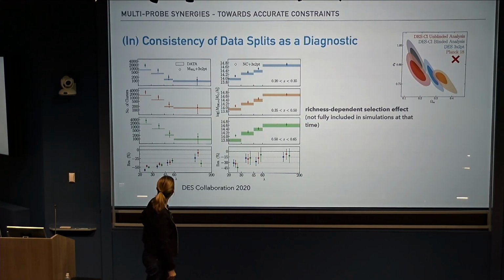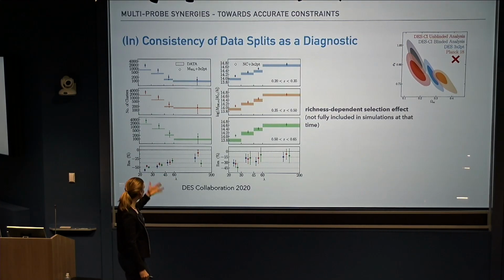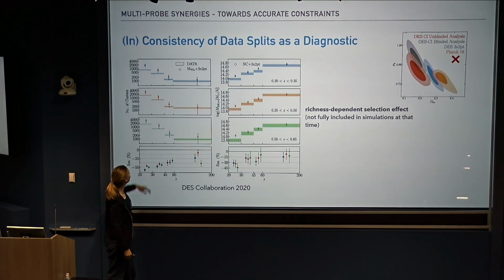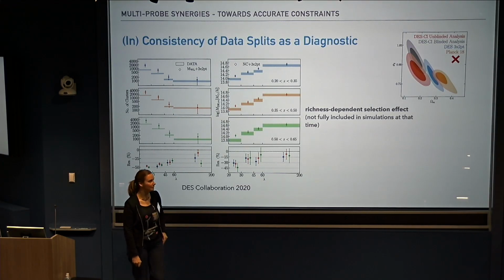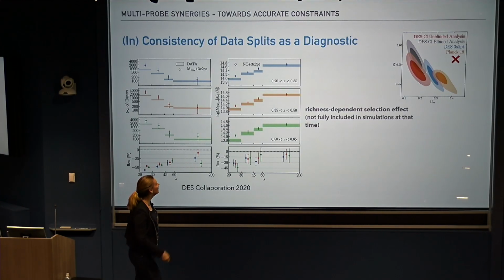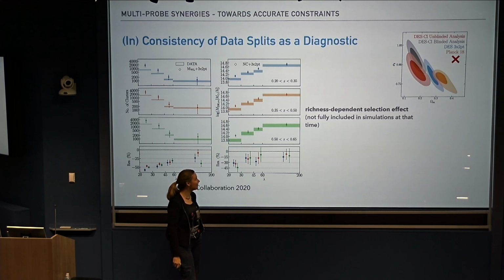And at that point, we find this is clearly a richness-dependent effect, with the lowest richness clusters being off. This turned out to be a selection effect due to projection effects, that is, galaxies that are falsely associated with cluster members.